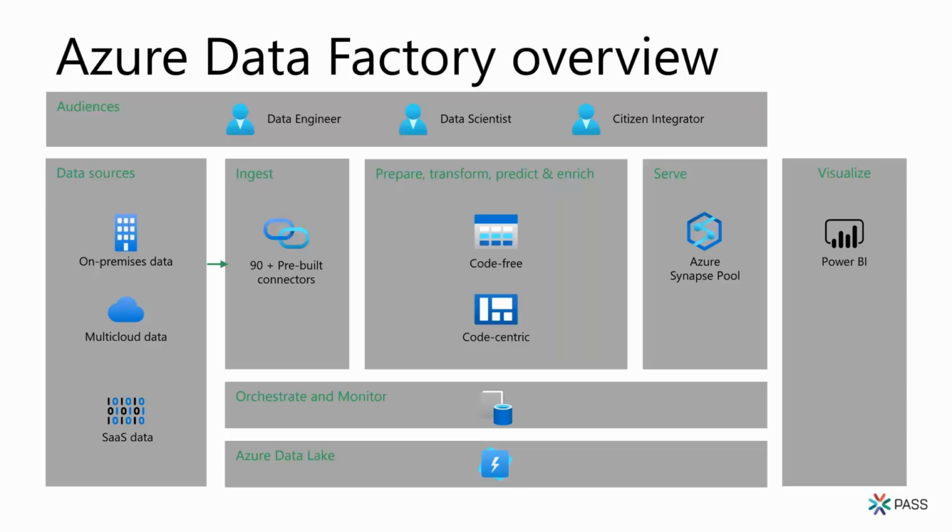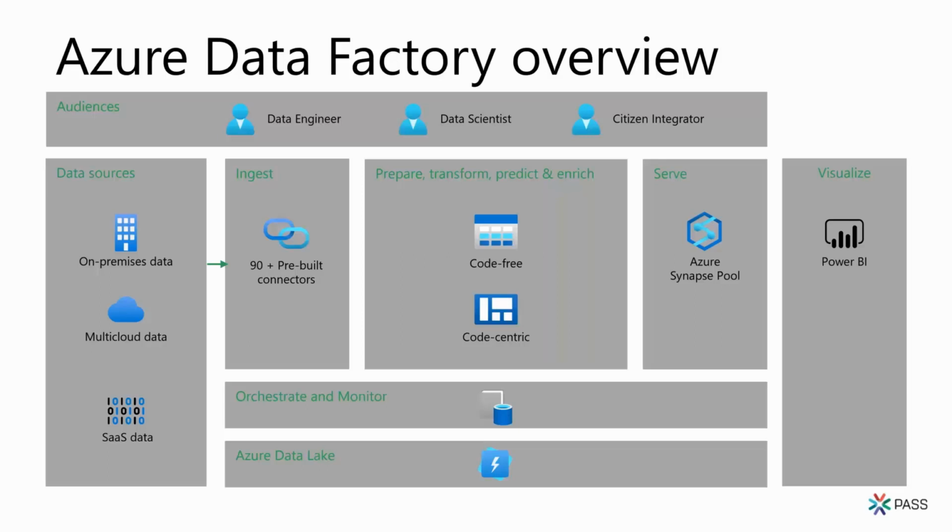So from an ingest perspective, we have more than 90 built-in connectors that connect to all of these different sources. We should be able to easily connect up to a data source and collect that data. And then once we get it into the Data Factory environment, we should be able to prepare the data, transform the data, enrich the data, run models against the data, do all of the things that we want to do.